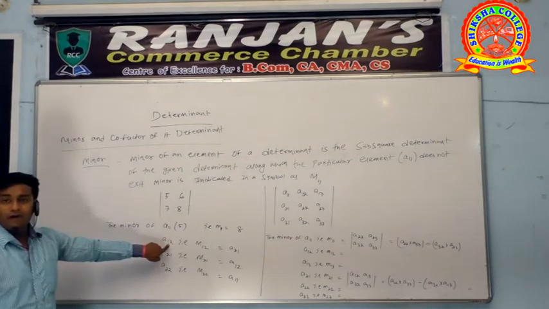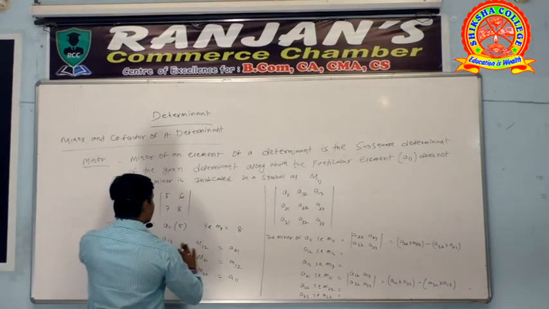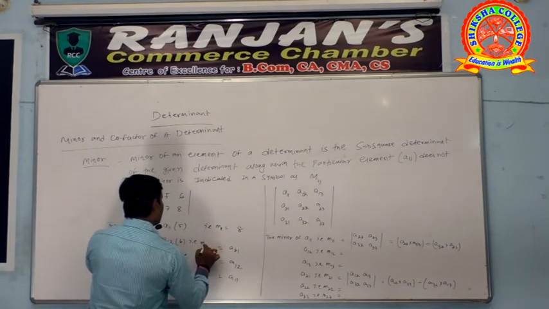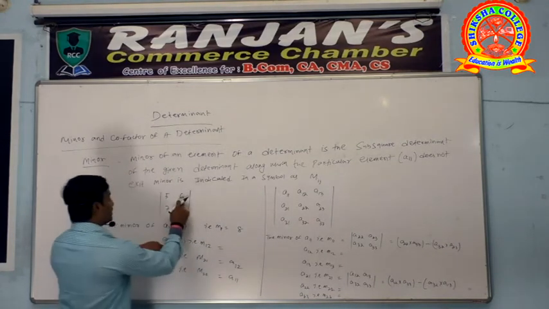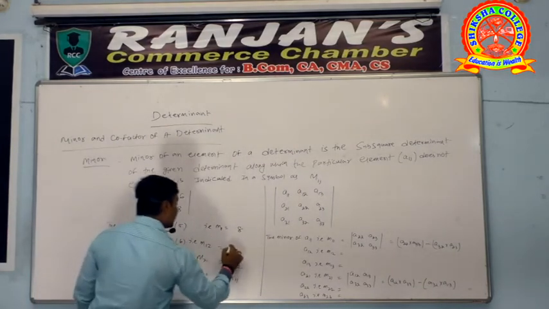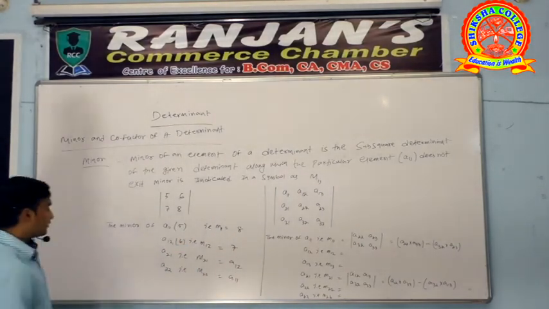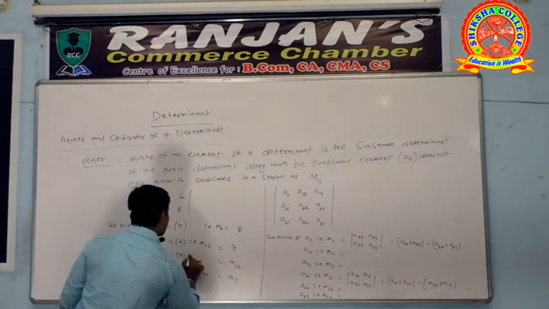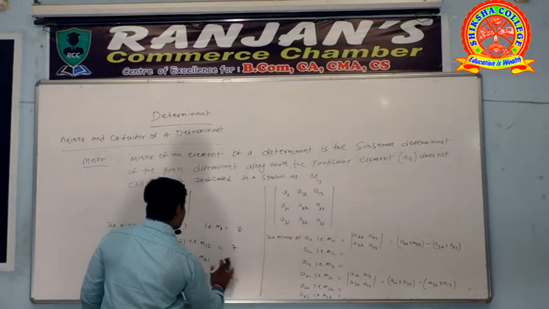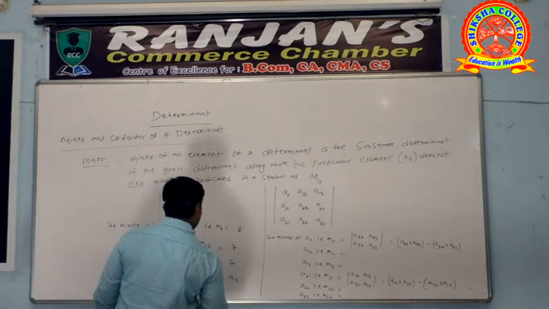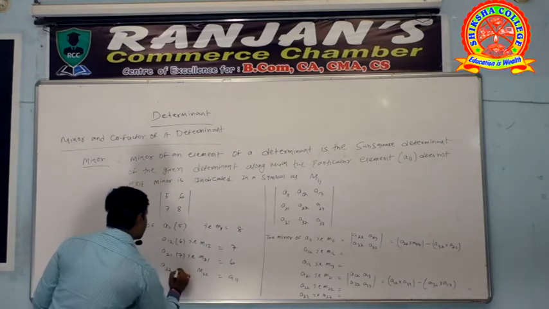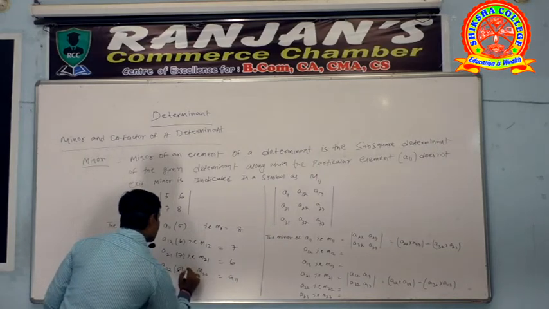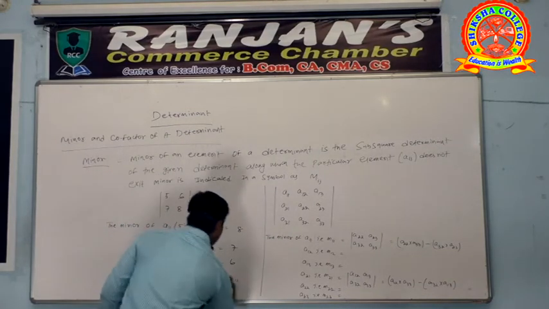Now the value of A12. What is the value? A12 is 6, so M12 is equal to, simple, the opposite. The opposite of 6 is 7. Now A21 is 7, that is M21, so the opposite of 7 is 6. Now A22 is 8, the opposite of 8 is 5.